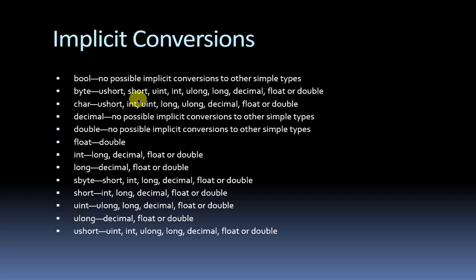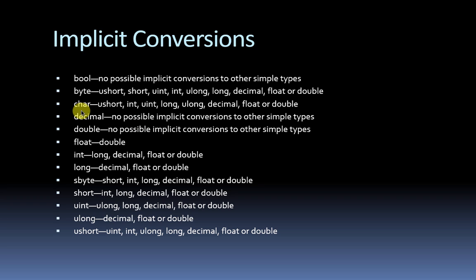The unsigned version of a given type represents approximately twice the positive range, and of course no negative range. We also have uint and int, ulong and long. An int is 4 bytes, a long is 8 bytes, and then of course we have the floating point types that we've talked about previously, decimal, float, and double as well. So a byte can be converted to any of those types.